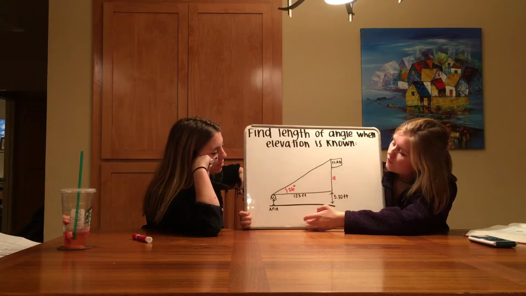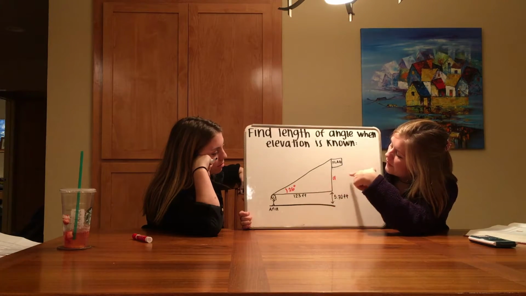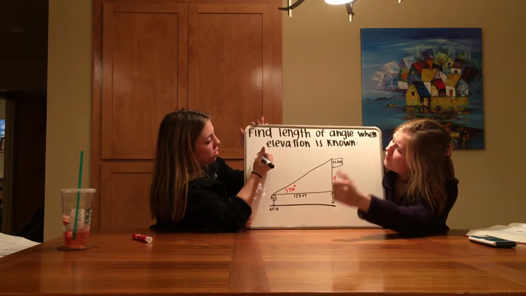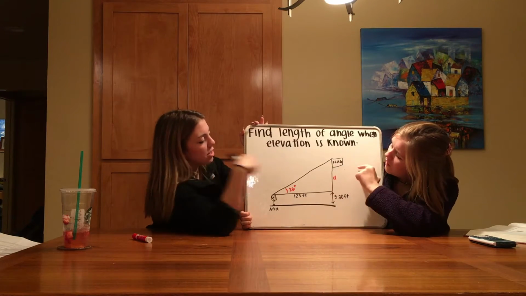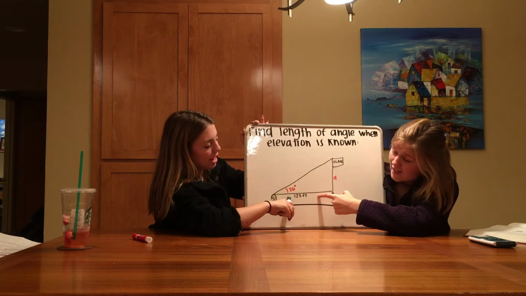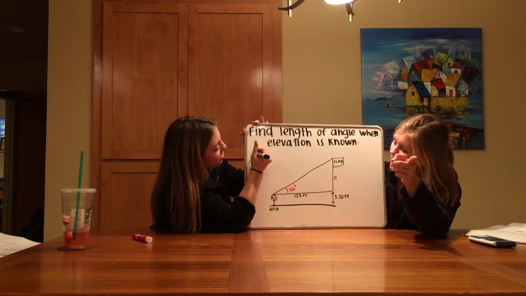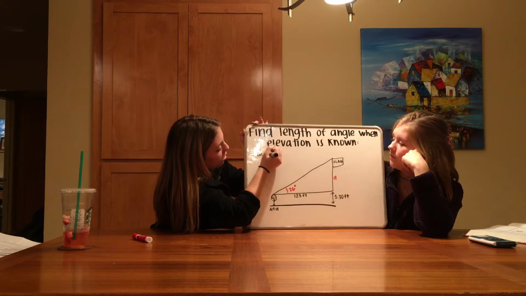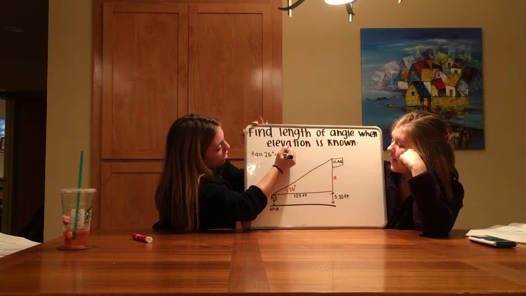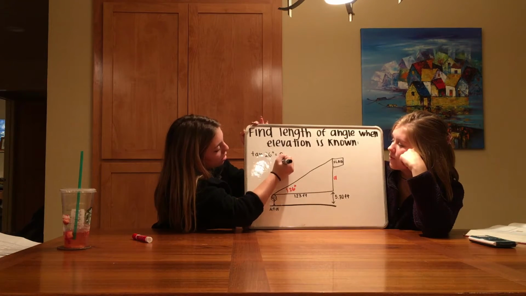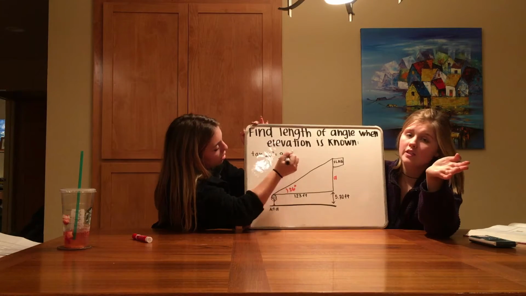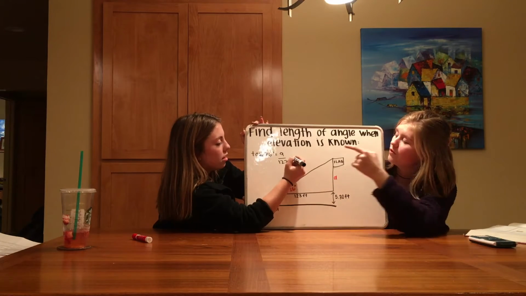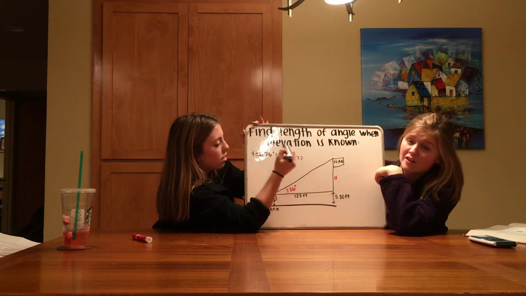To find A, what trigonometric function would you use? Opposite over adjacent: tangent. So the tangent of 26 equals A over 123. We have gone over this with you probably 5 times now. You just multiply by 123 to get that out of the denominator.